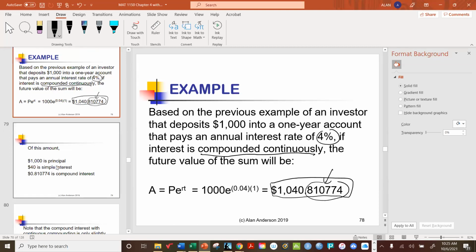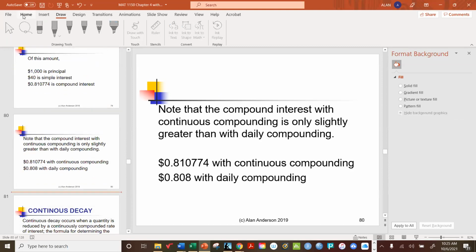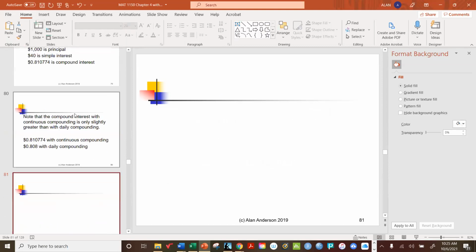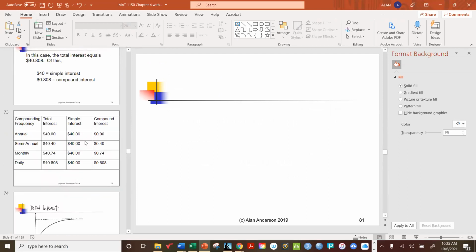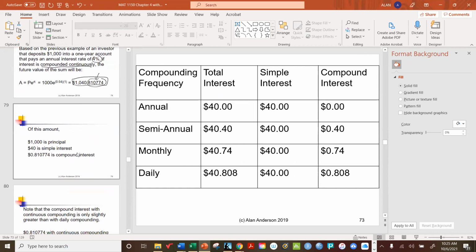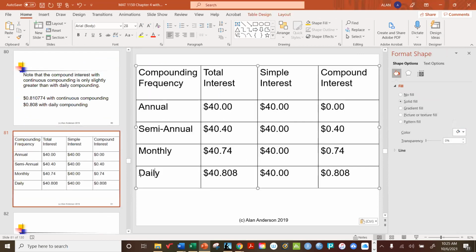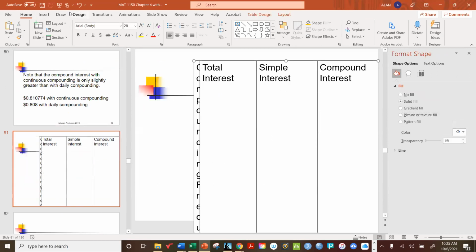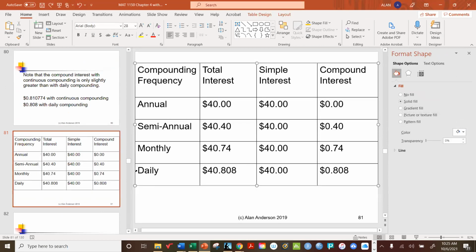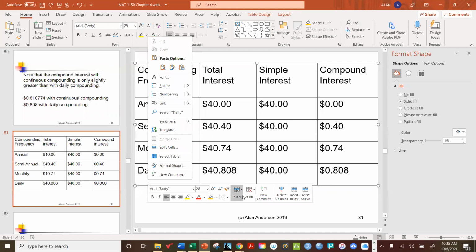So that means that if we go get that chart that we had before, I can add one more row to it just to tie this together. And let me do that right here. There we go.